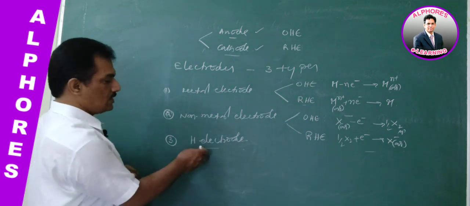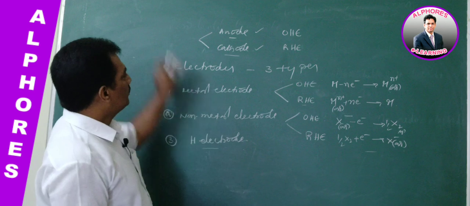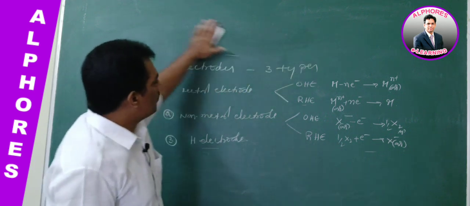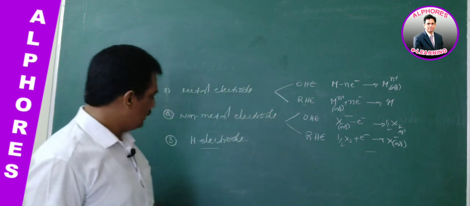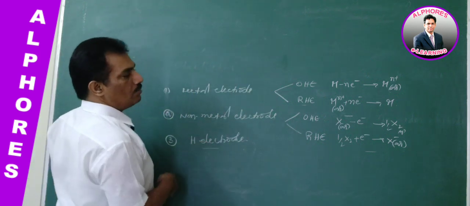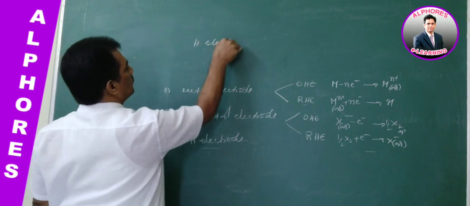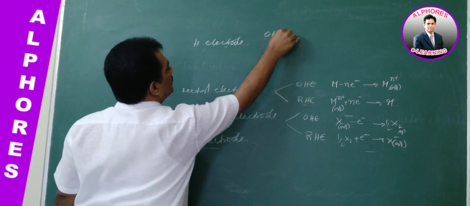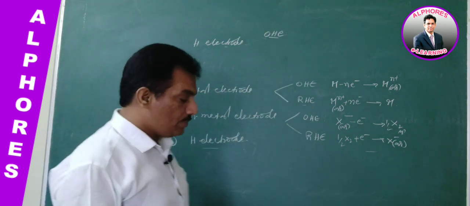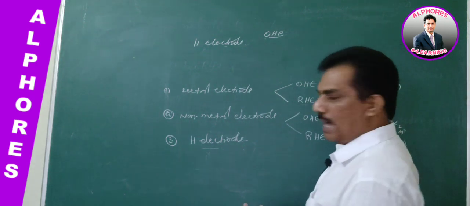Now coming to hydrogen, I think you can understand this. Hydrogen is behaving like a metal. That's why it is separately considered. Even though hydrogen is a non-metal, its behavior is like this: hydrogen electrode as OHE, oxidation half electrode. What should happen at oxidation? Oxidation means de-electronation should happen.